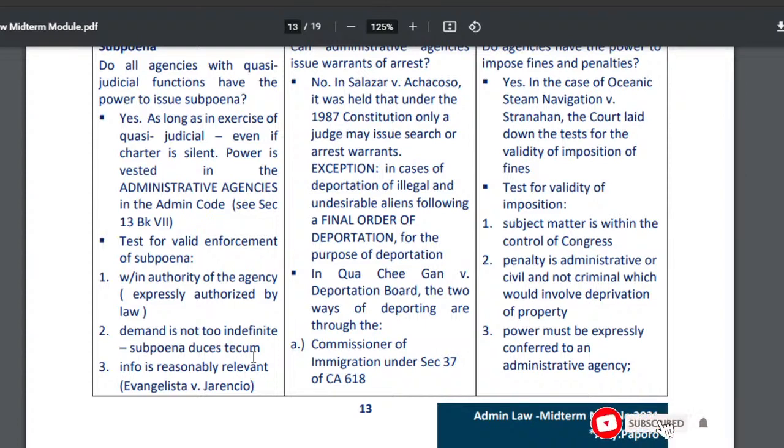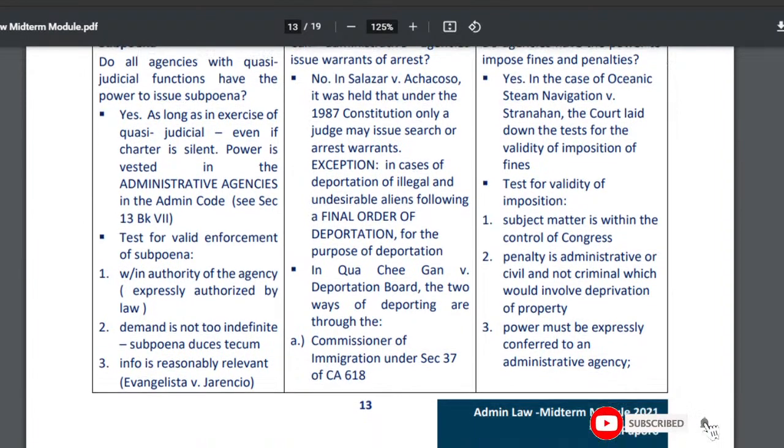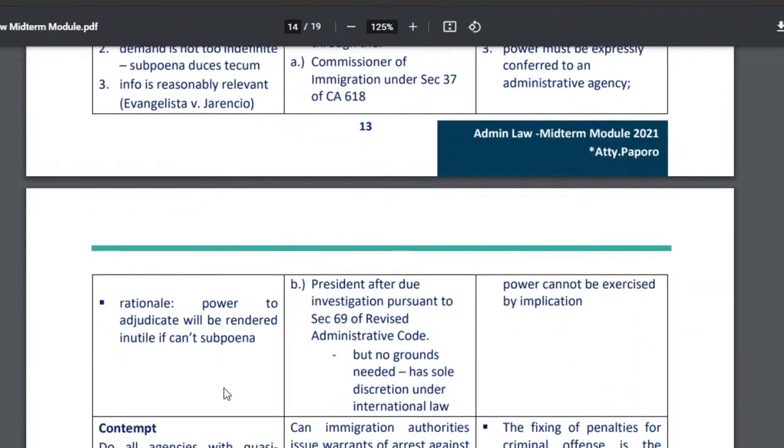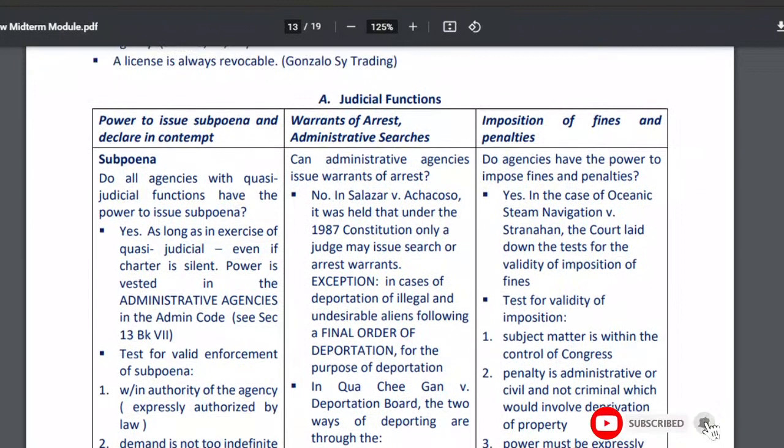Then we have here information is reasonably relevant. They are very important. So the enforcement of subpoena is valid for the administrative agencies. Now, what is the rationale? The power to adjudicate will be rendered inutile if it cannot issue or execute the subpoena.